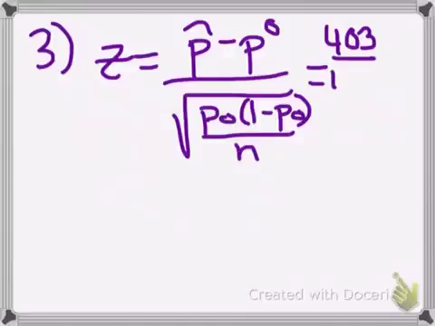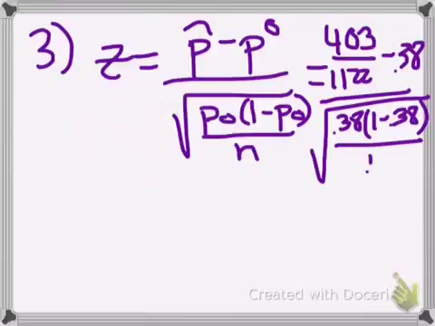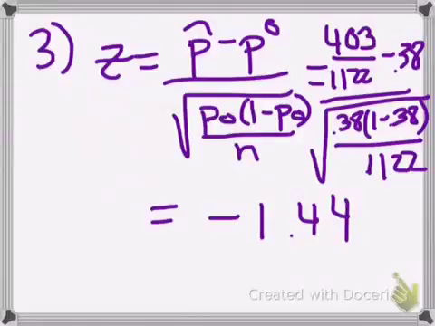So 403 divided by 1122 minus P naught, which is 0.38, divided by the square root of 0.38 times 1 minus 0.38, which would be 0.62, so you're welcome to put that in there too, divided by 1122. I'll let you calculate that on your calculator, but you should all get negative 1.44 for the Z.